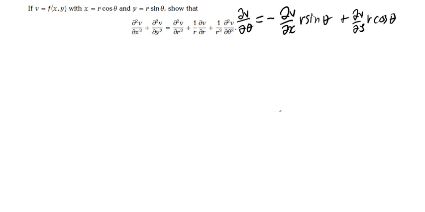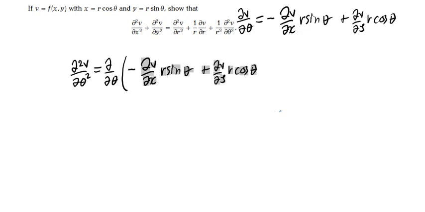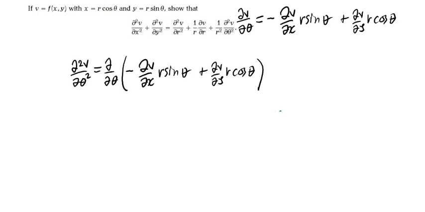To find the second, we use the same steps that we used when finding the second partial of v with respect to r, where the second partial of v with respect to theta is just going to be equal to partial of theta of what we have here. So I can bring it down here. Let's do the same thing that we did.